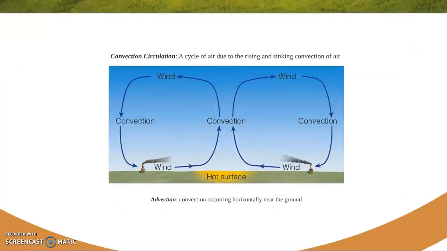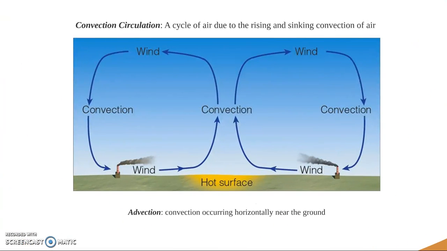So how does convection work in the atmosphere? Let's say that you've got a hot surface, which is shown here in the center of this figure. That warm air, as we just discussed, will want to rise. The warm air rises and expands. But then you have cold air from above, which is going to want to sink.